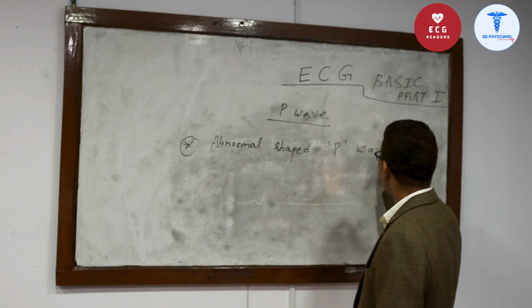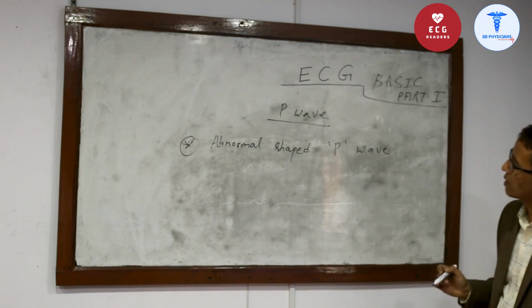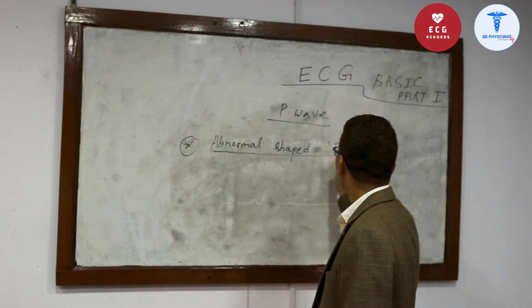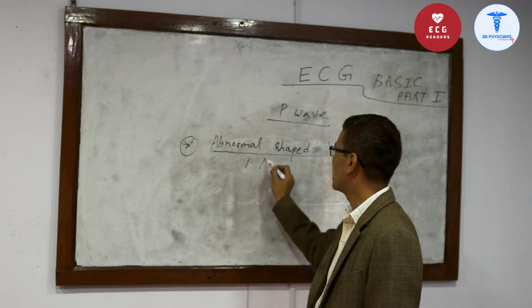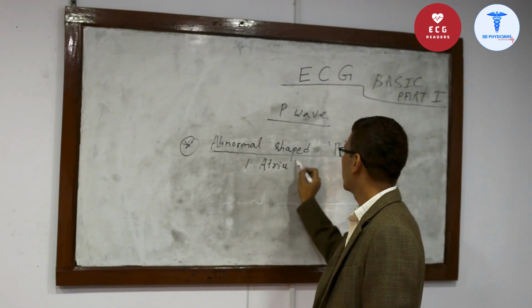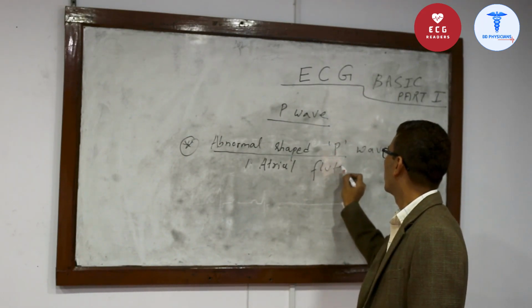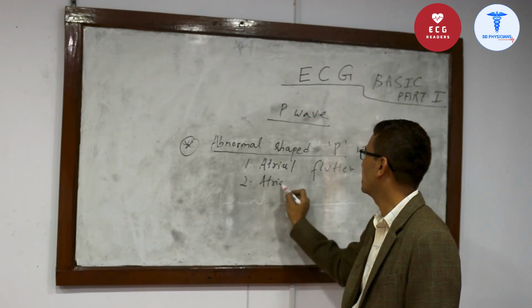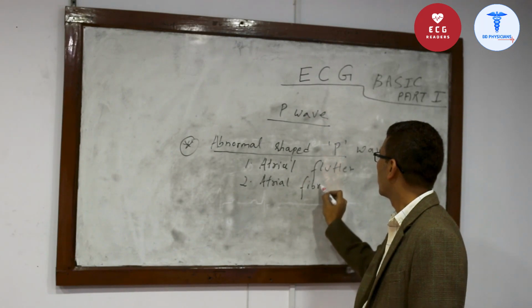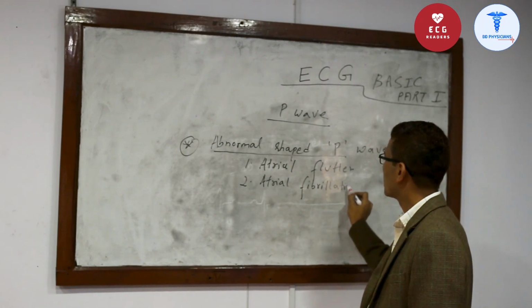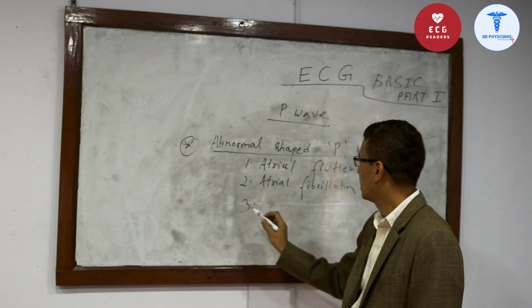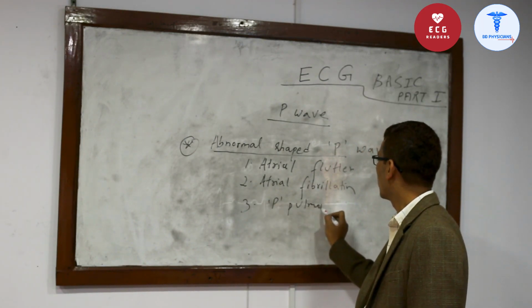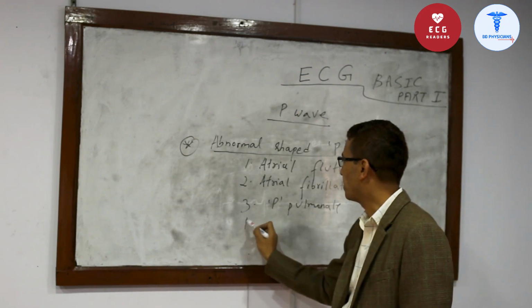All of us know that abnormal shaped P waves can occur in many conditions like atrial flutter, atrial fibrillation, P pulmonale, and P mitral.